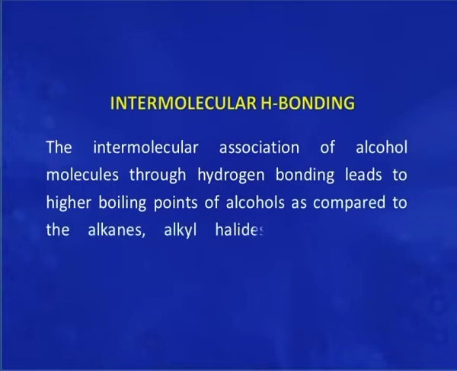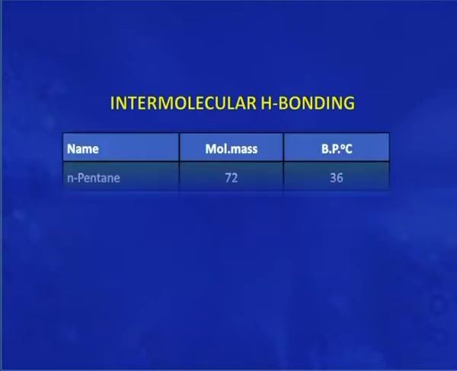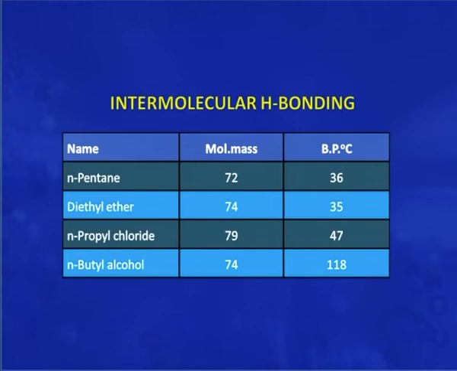alkanes, alkyl halides and ethers of comparable molecular mass. With the help of the examples shown in the slide, you can understand this point very easily. Normal pentane has molecular mass 72, diethyl ether 74, normal propyl chloride 79, and normal butyl alcohol 74, almost similar molecular masses for all four molecules.